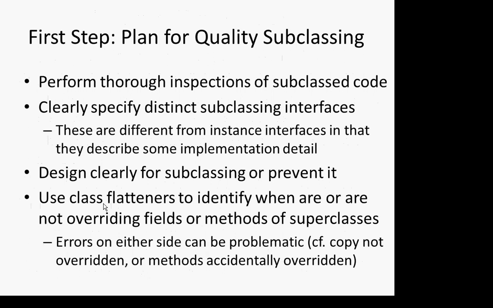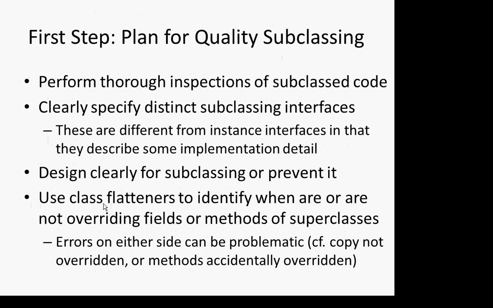So if we want to achieve quality subclassing, there are a few recommendations. We want to perform thorough inspections of subclass code, but remember that the code you want to look at, the interfacing code, may be in superclasses. Clearly specify distinct subclassing interfaces that are different from instance interfaces.